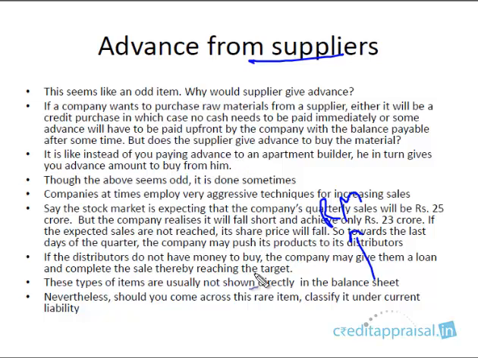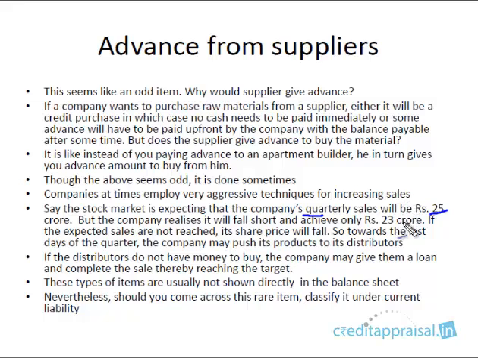Okay, sometimes companies employ very aggressive tactics for increasing sales. Right, this does happen. Say for example, if this is a listed company, and the market expectation is that the quarterly sales will be 25 crores, but the company realizes it's going to fall short and achieve only 23 crores. What happens if the company doesn't reach the market expectation? The share price will fall.